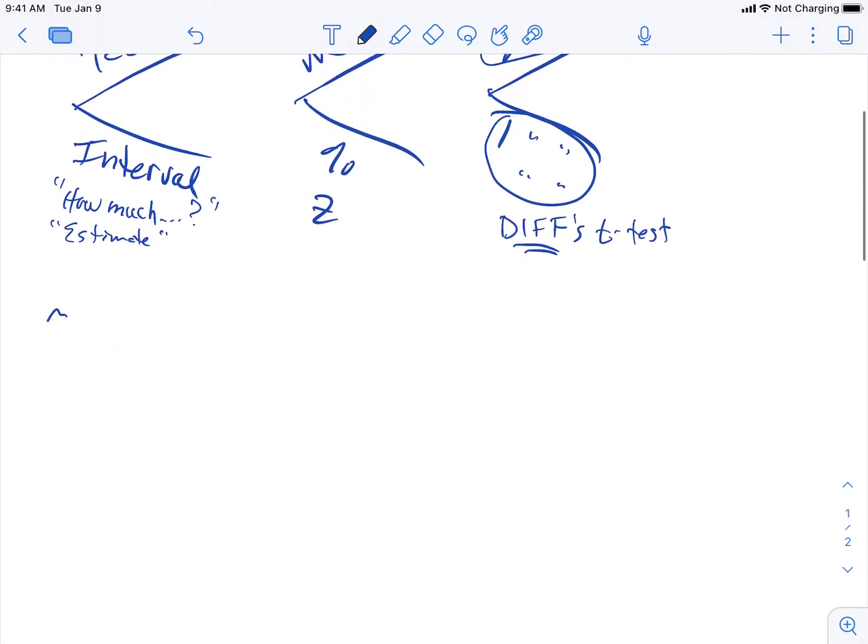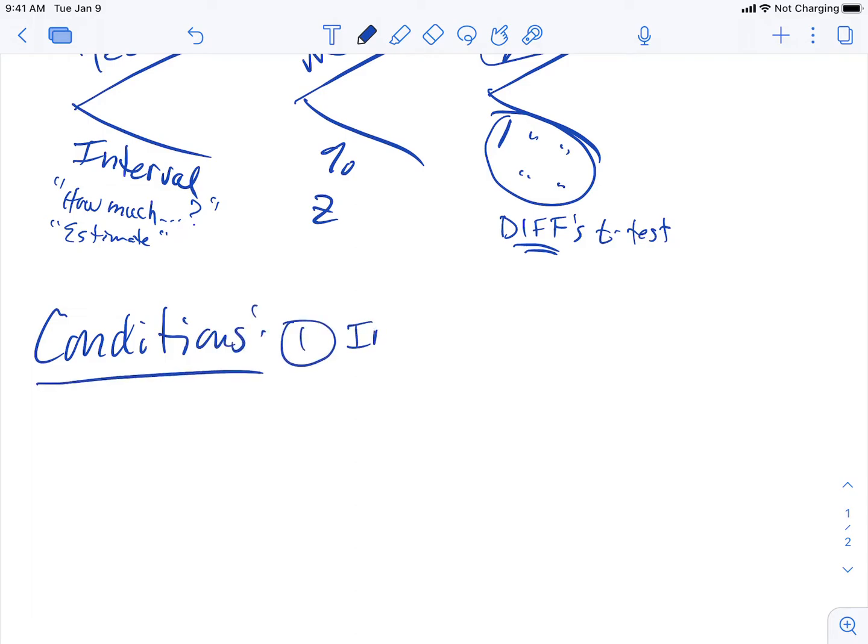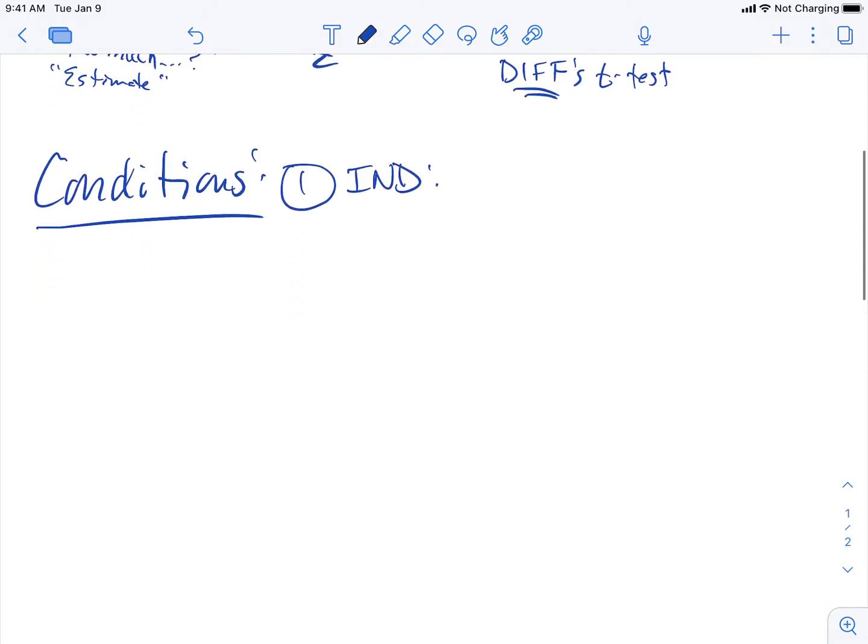The second question you had was about conditions. There are so many conditions, and some are the same and some are different. I think if you think about this, there are really 2 types of conditions. One type of condition deals with independence. There are 2 things that will help guarantee independence.